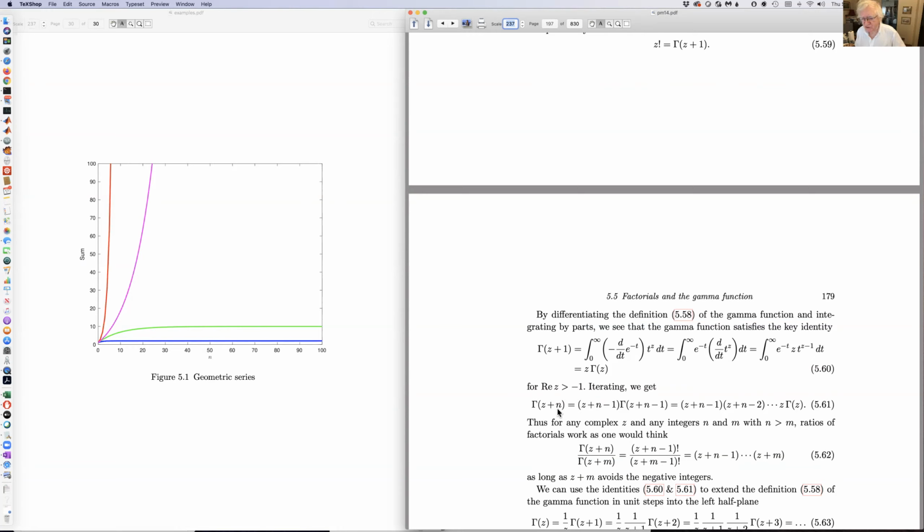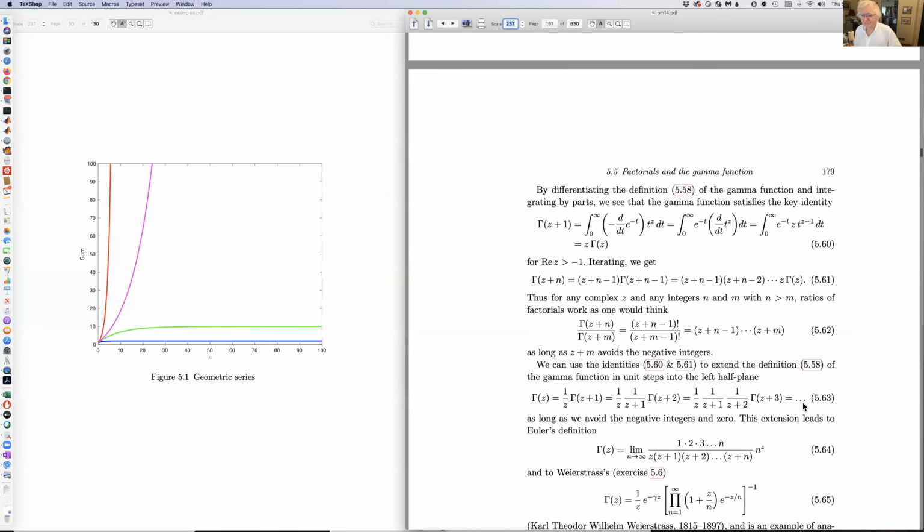Anyway, what you get is that gamma of z plus n is z plus n minus 1 times gamma of z plus n minus 1. But then you do the same trick on this one, and you get z plus n minus 1 times z plus n minus 2, dot, dot, dot, down to z gamma of z.